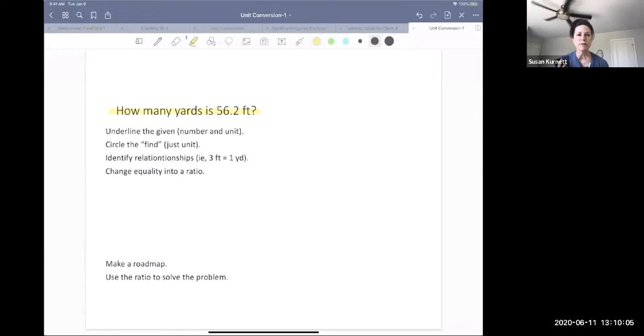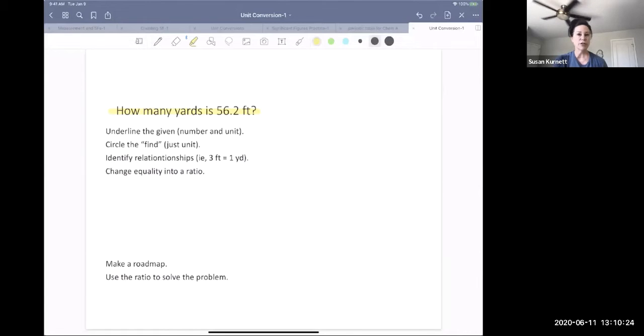Do I multiply or divide? Divide. Yeah, I'm going to divide by 3. And I get a number, 18.7333333333 yards. So I can do it if it's really simple and if it's something I'm familiar with. I just do it on my calculator.